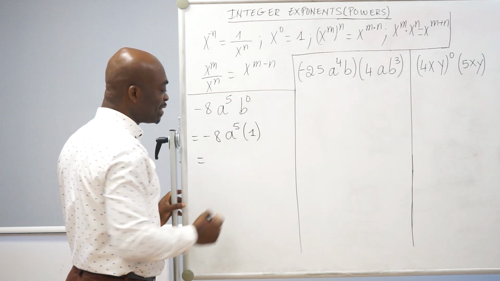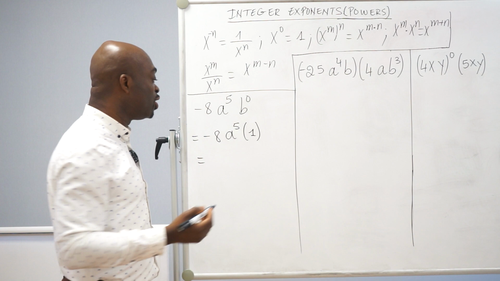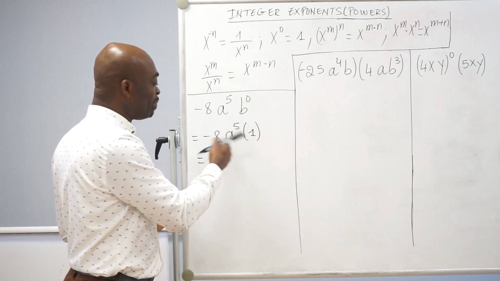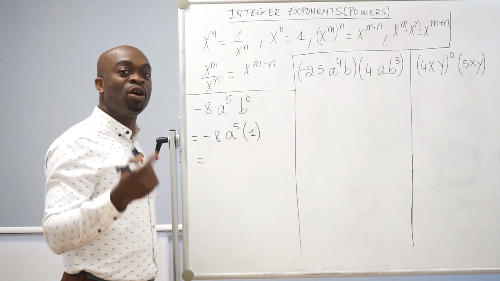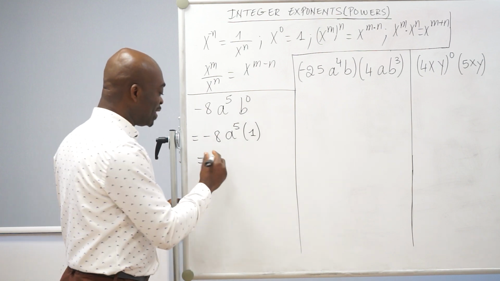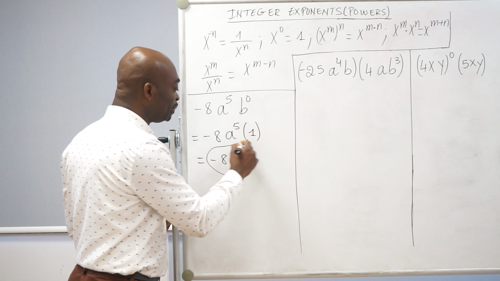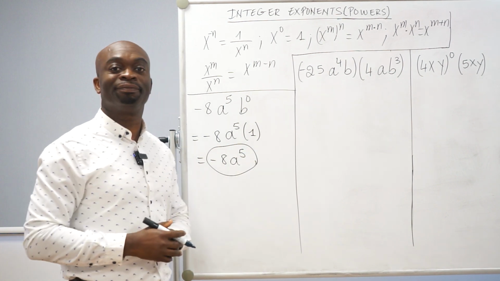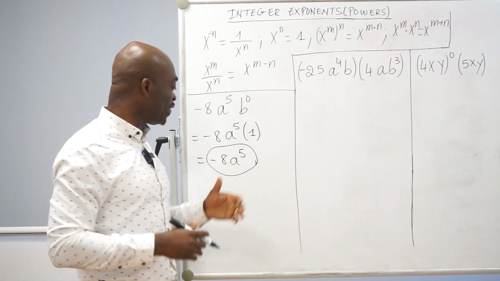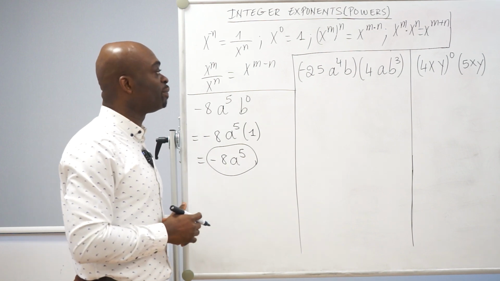And then anything else that we have here to do, I don't see anything else that we can simplify. So we just multiply 1 by -8, a power 5. 1 times anything stays what? The same thing. So 1 times this is going to be -8, a power 5, finished. Okay? So it's -8, a power 5, we're done. So that's for the first problem here.